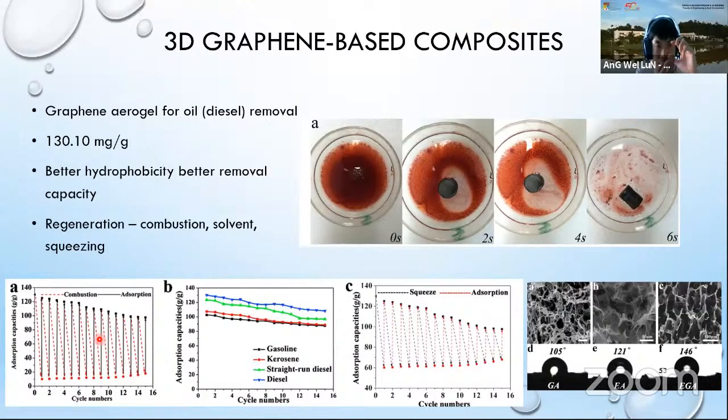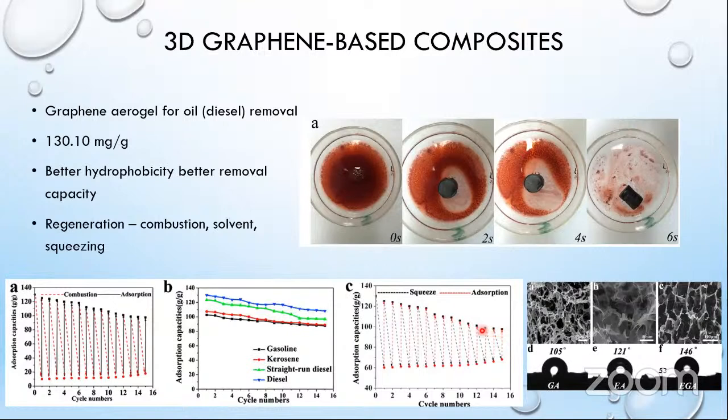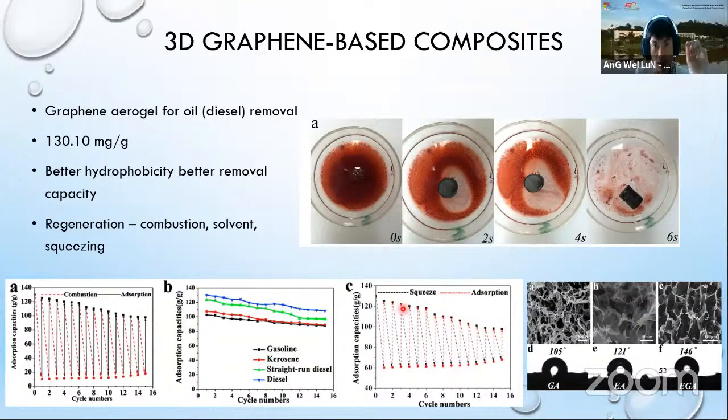The oil inside the porous structure will also be burned off. But with squeezing, there's a limit to how much you can squeeze it. So maybe some of the oil still remains in the 3D graphene aerogel itself. So that's why the removal efficiency is not as good as the combustion.